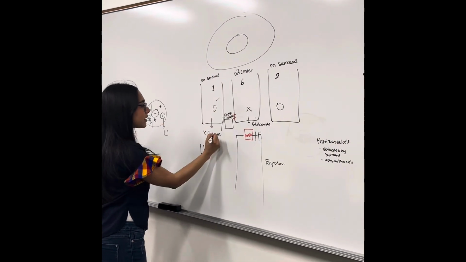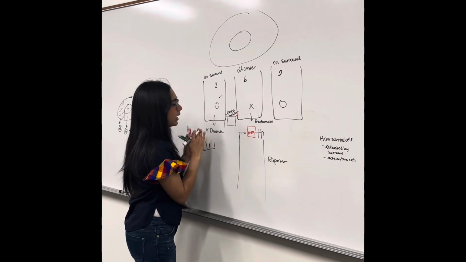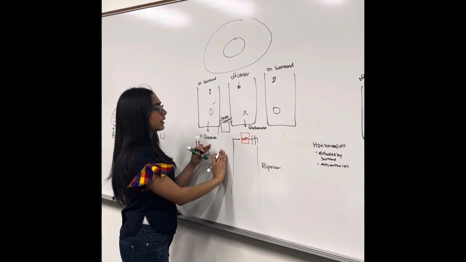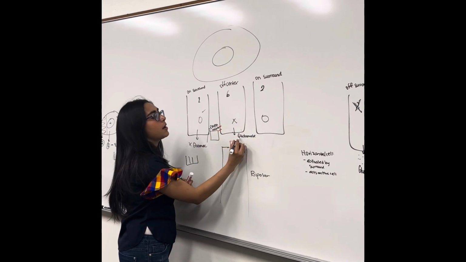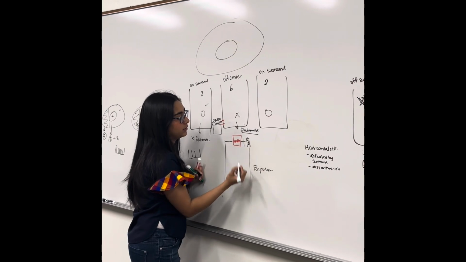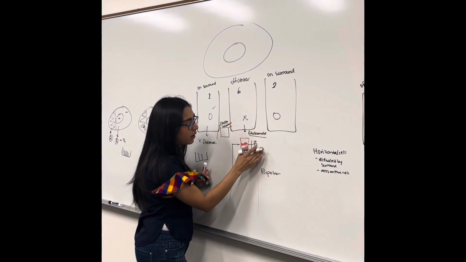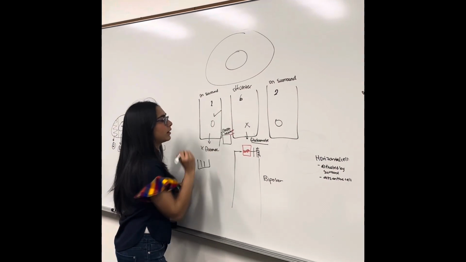We have light. If we have light, we have less glutamate. Less glutamate will give us less GABA, which will inhibit glutamate less. And because we have more glutamate, our AMPA channel will let positive things in. Therefore, we will have an action potential, so we will count this.